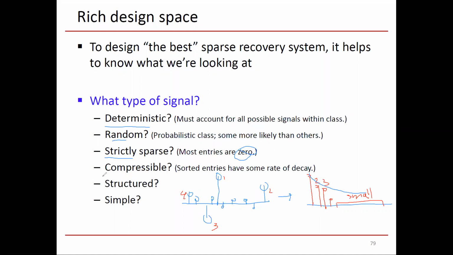Or what if we have a structured signal? A structured signal would mean that maybe it's sparse or compressible with respect to some basis or frame, or maybe there's some type of structure there. Or this is something that I thought about a few years ago: maybe we have a simple structure. A simple structure means that with a small number of bits, you're getting close to the signal x.